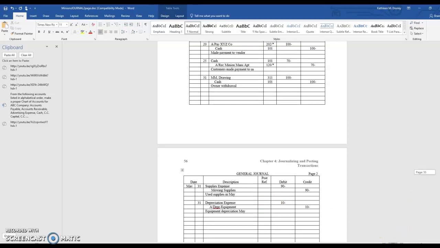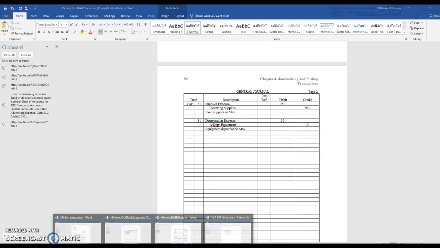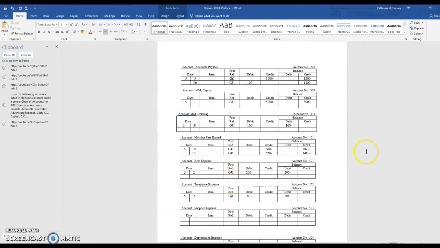Okay, so now I have those journal entries, and we can post them now, or you can post them later. You can go ahead and post them now.